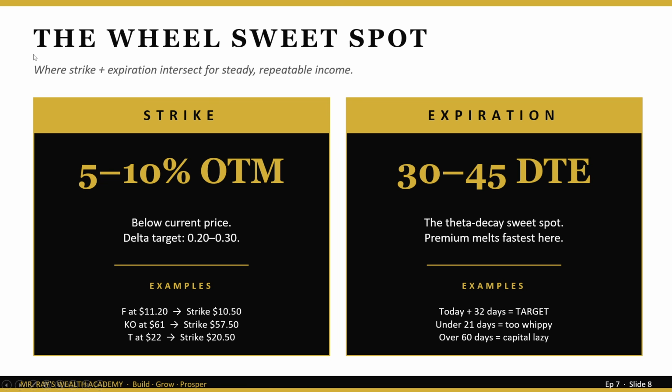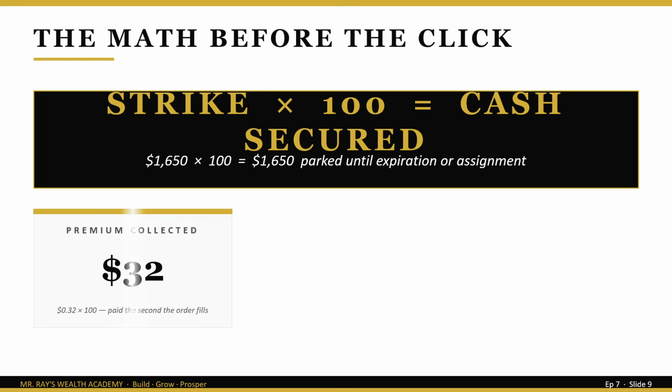30 to 45 days. Now the math before we ever do the click. We're going to look at our strike price. We said our strike price is going to be what? 16.50. So if our strike price is 16.50, we got to make sure that we can buy 100 shares if we get assigned. So we got to have $1,600 parked in our account, right?